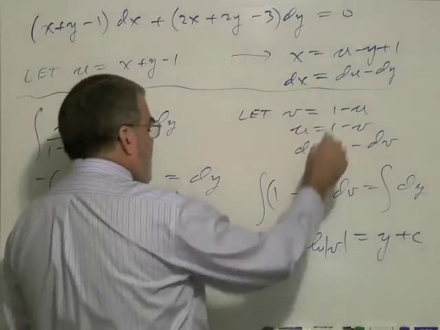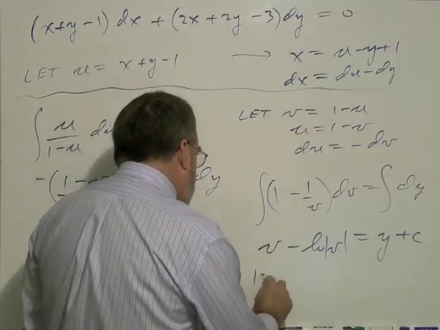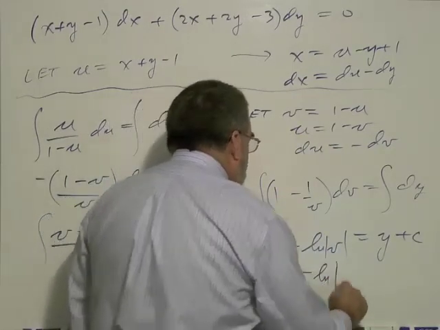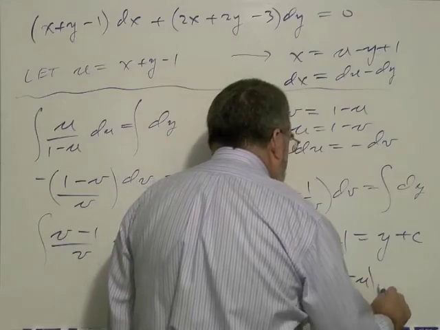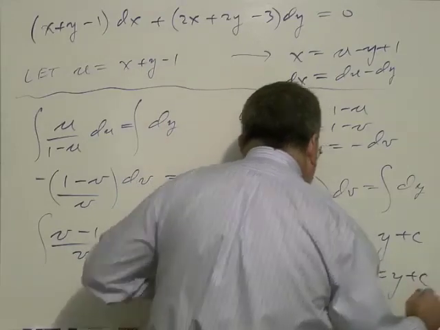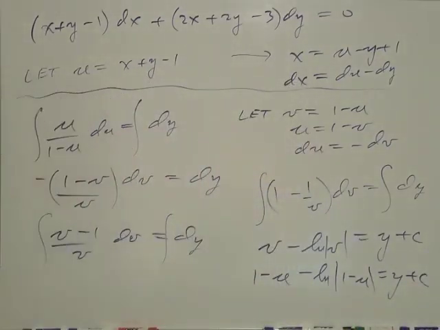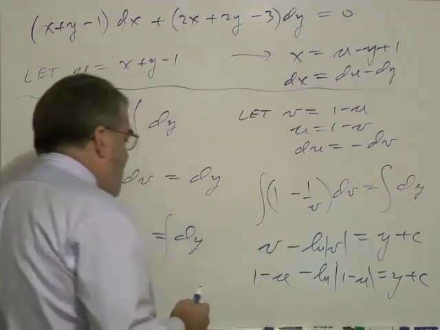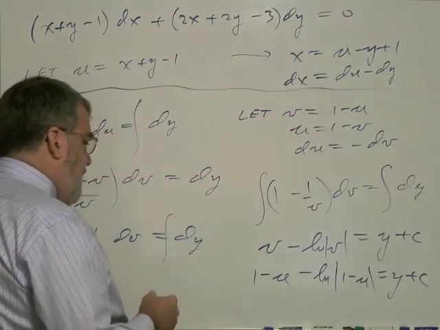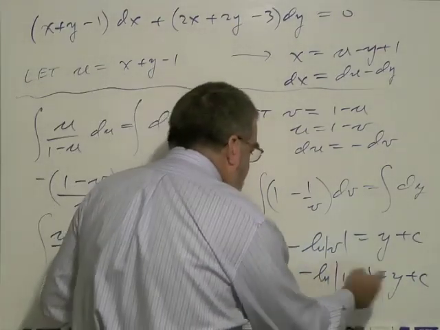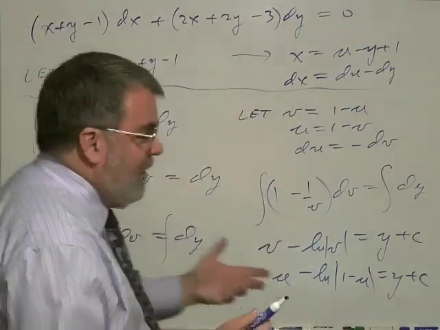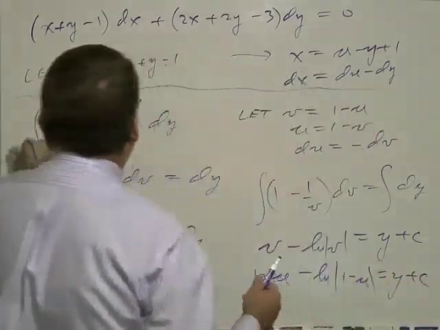The v was 1 - u, so this is 1 - u, minus natural log of (1 - u), equals y + c. Then this 1 is going to be absorbed by the constant, and now I'm going to separate the logarithm from everything else so I can get rid of the logarithm. Let's see how that works.